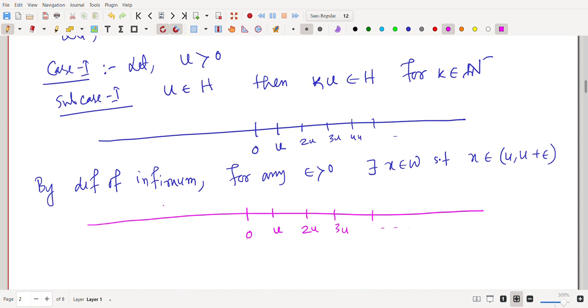Now let epsilon equal this one. This is your epsilon. If x belongs to here, that means x is in H, U is in H, so x minus U also belongs to H by the definition, since H is a subgroup.